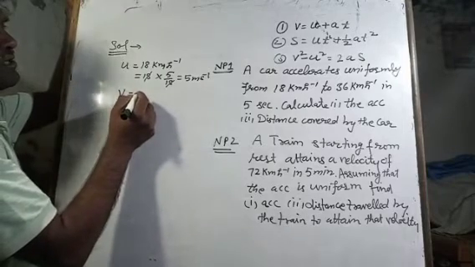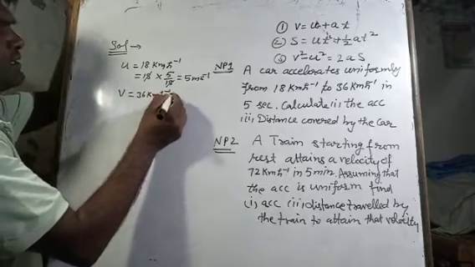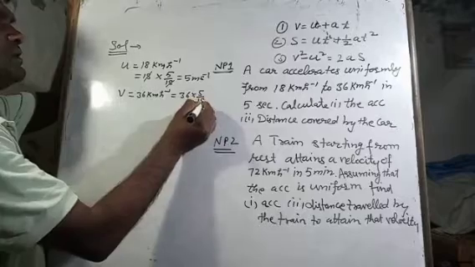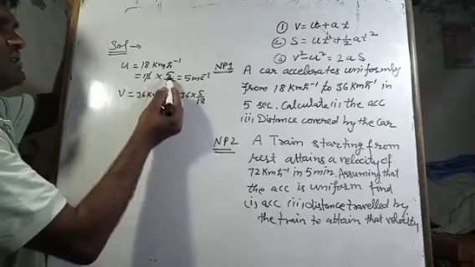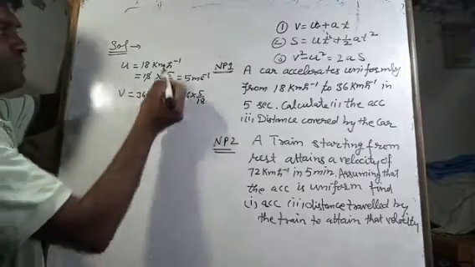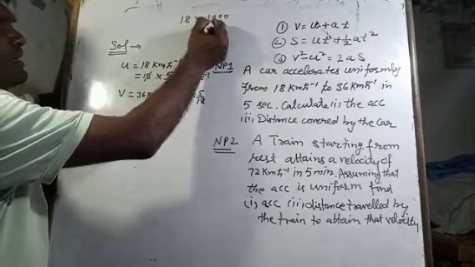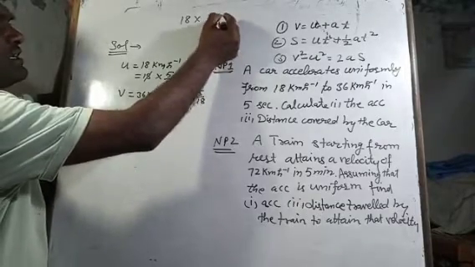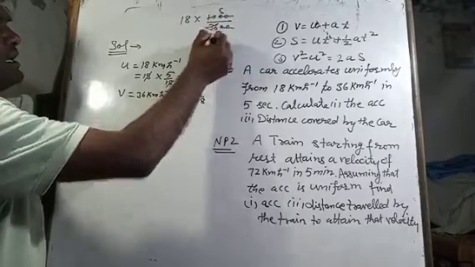Similarly, v is equal to 36 km per hour. After changing it into meter per second, please look at that. To change into meter per second, we are multiplying by 5 by 18. Why? Because for kilometer we are using 1000 and for hour we are using 3600 seconds. When we cancel it out, it will be 5 by 18.